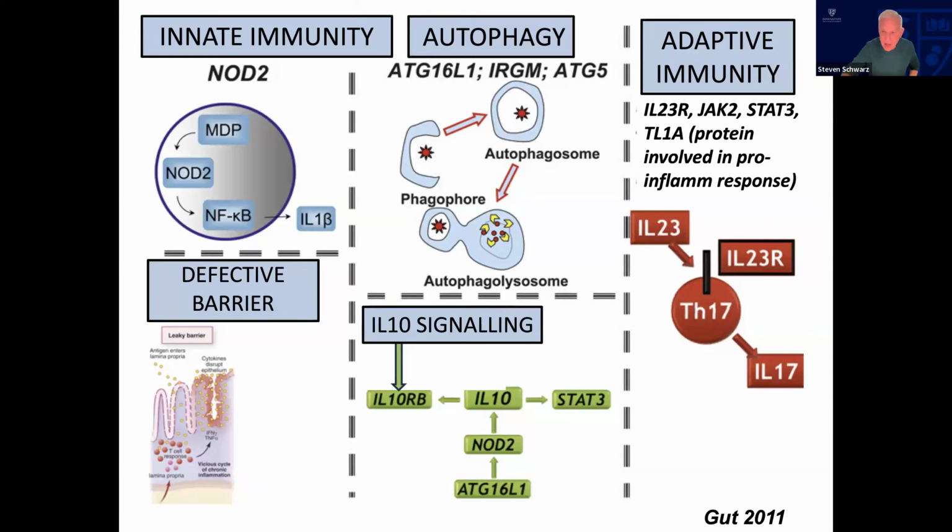We now have a monoclonal antibody that is directed against TL1A, and that's now in clinical trials in patients with IBD. And then, of course, we have the contribution of the defective barrier, which allows the translocation of bacteria, and then IL-10 signaling, which again, via the JAK-STAT pathway, mutations can result clearly in very early onset IBD, severe disease.